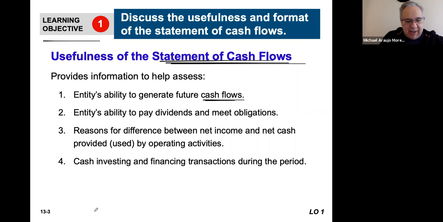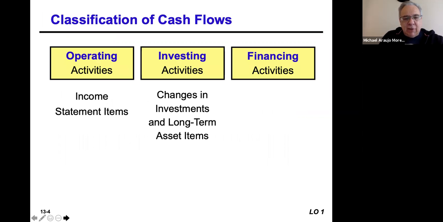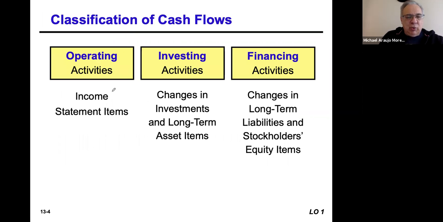So let's take a look at one of the more important types of things here. The activities that you learned way back in financial accounting are coming back to you here. Okay. First, your operating activities. It really has to do with your income statement.